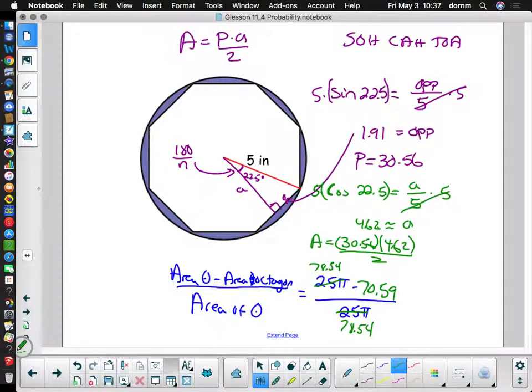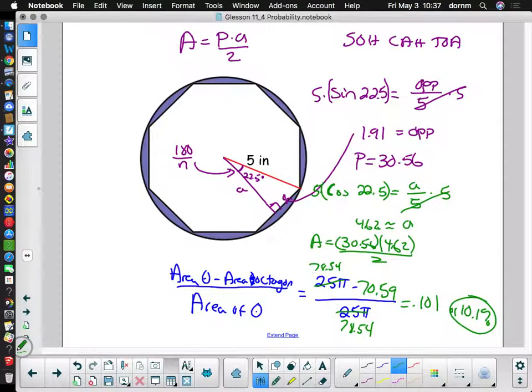And I get about 0.101, or 10.1%. So my probability of picking a spot in the shaded area, given that I'm inside the big circle, is about 10.1%. That's about 10.1% of the area.